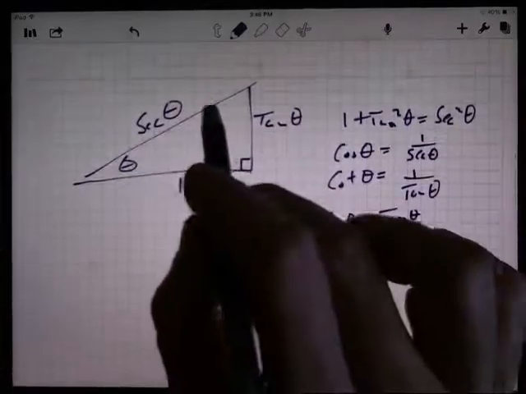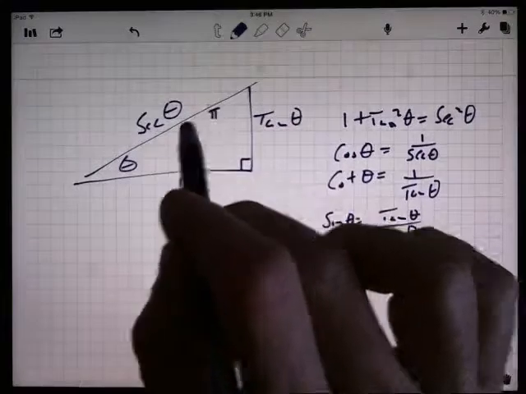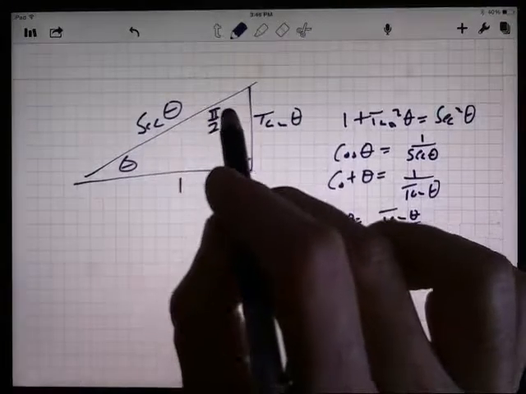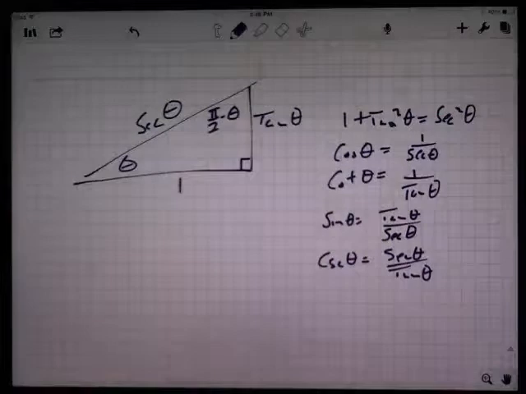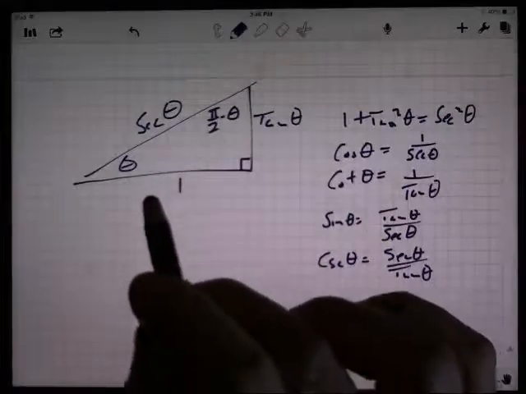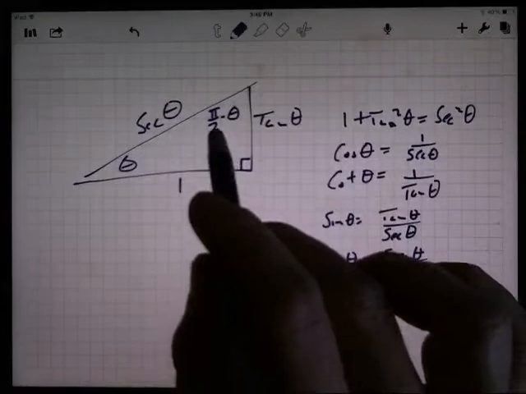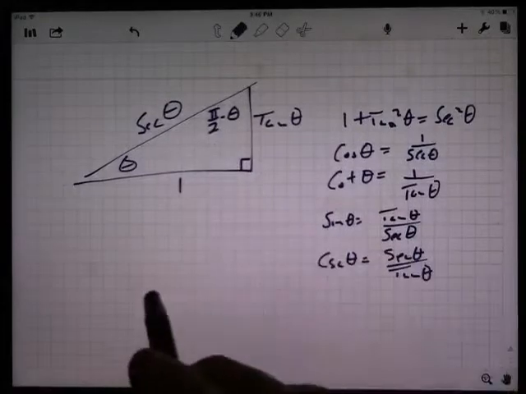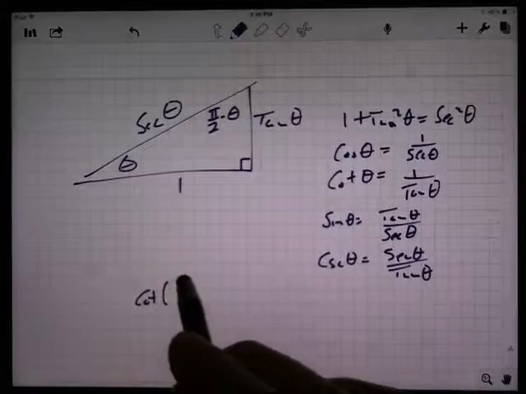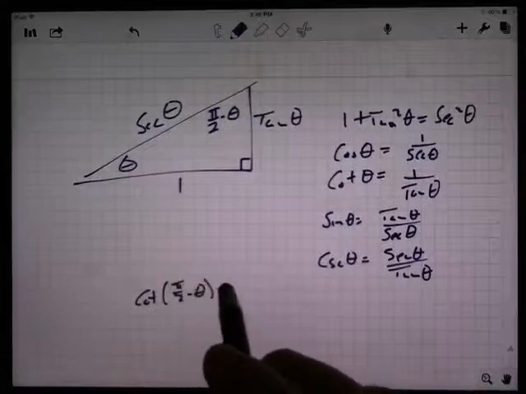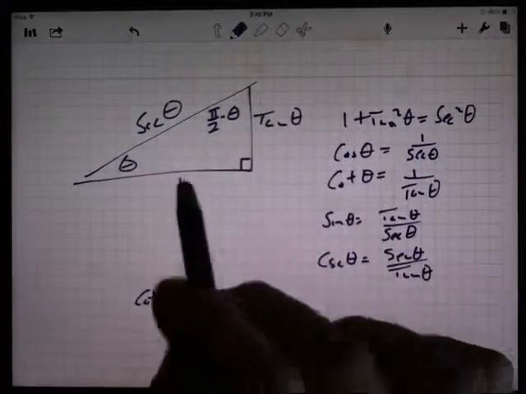Because if I, again, mention that this angle up here is the complement of the one down there, so I can see things like the cotangent of pi over 2 minus theta is adjacent over opposite.